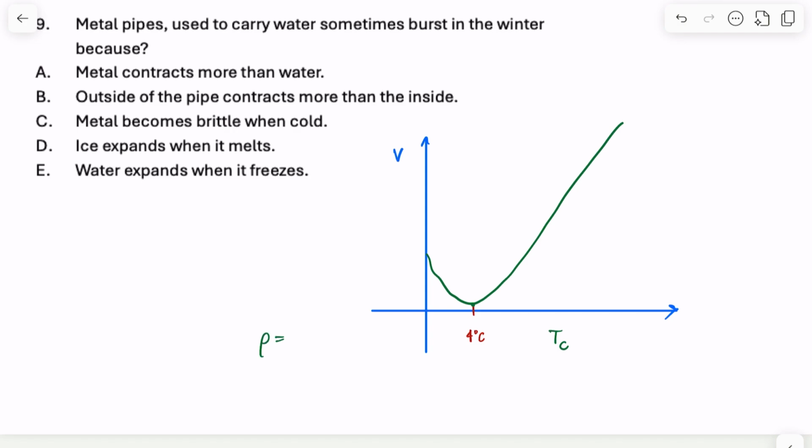Now density, which is just the mass per volume, as a consequence, if you have the lowest possible value of volume at 4 degrees Celsius, so if the volume decreases, of course, conserving the mass, the density also increases. That's why we have the claim that water is densest at 4 degrees Celsius, because it has the least volume possible. But that's not the point that we are trying to talk about here.